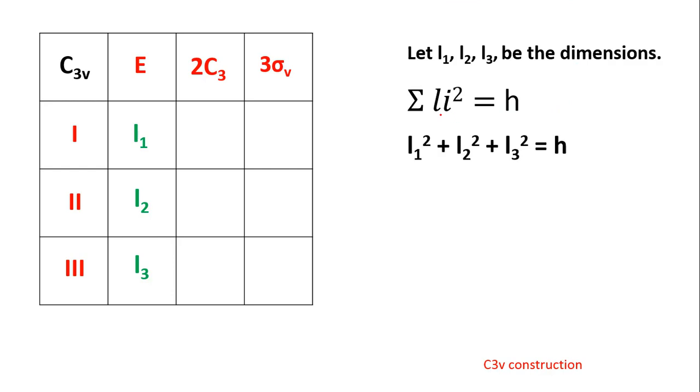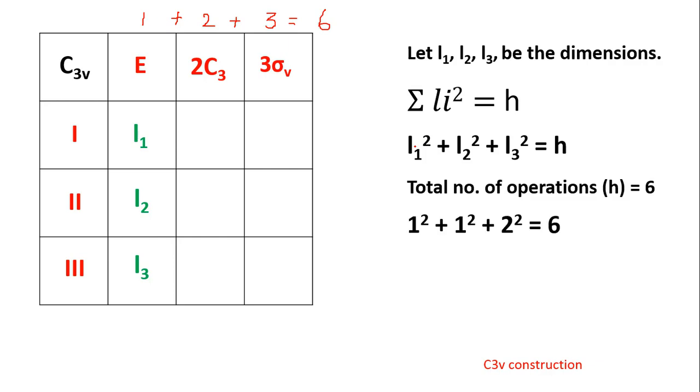That is, L1 square plus L2 square plus L3 square is equal to H. The number of operations in E is 1, in 2C3 is 2, in 3 sigma V is 3, and 1 plus 2 plus 3 is equal to 6. And so the number of operations H is equal to 6.